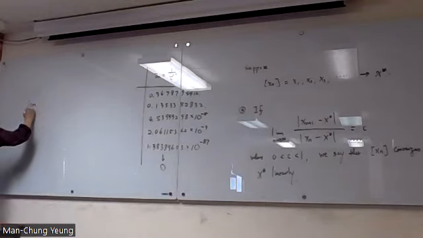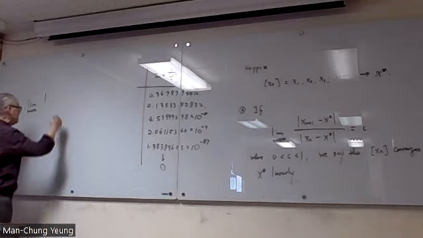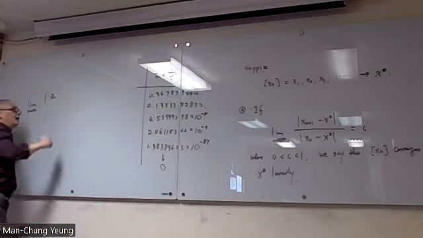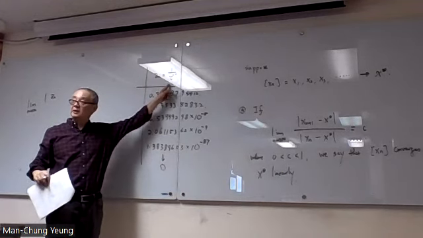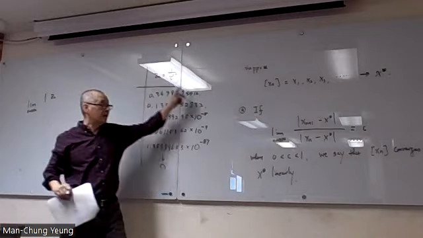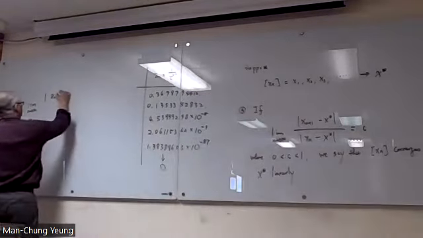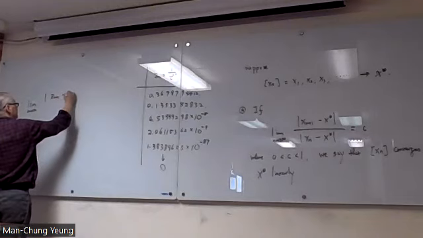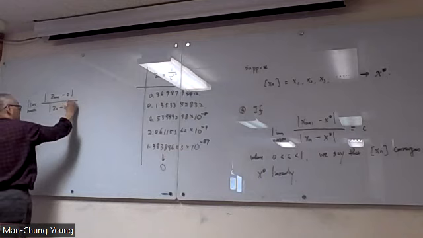Limit as n approaches infinity, now cn. This sequence is converging to 0, so x star is 0. Absolute value of c(n+1) minus 0 over cn minus 0. Let me compute this.